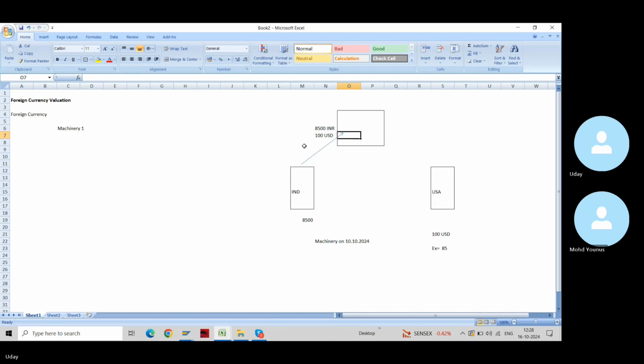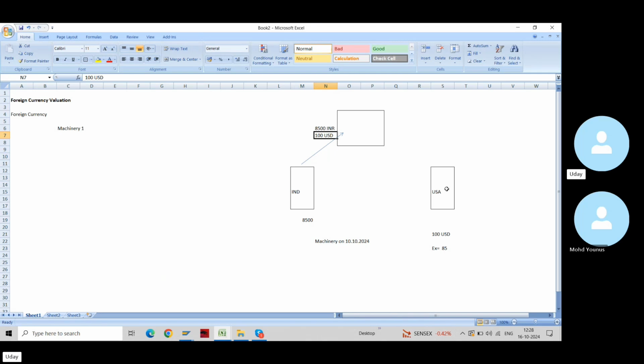So for example, I'm exchanging 8,500 INR to $100. Now I'm making the payment to the USA vendor. Whenever you have to make payments to foreign vendors, you have to exchange your local currency with foreign currency at some exchange rate.